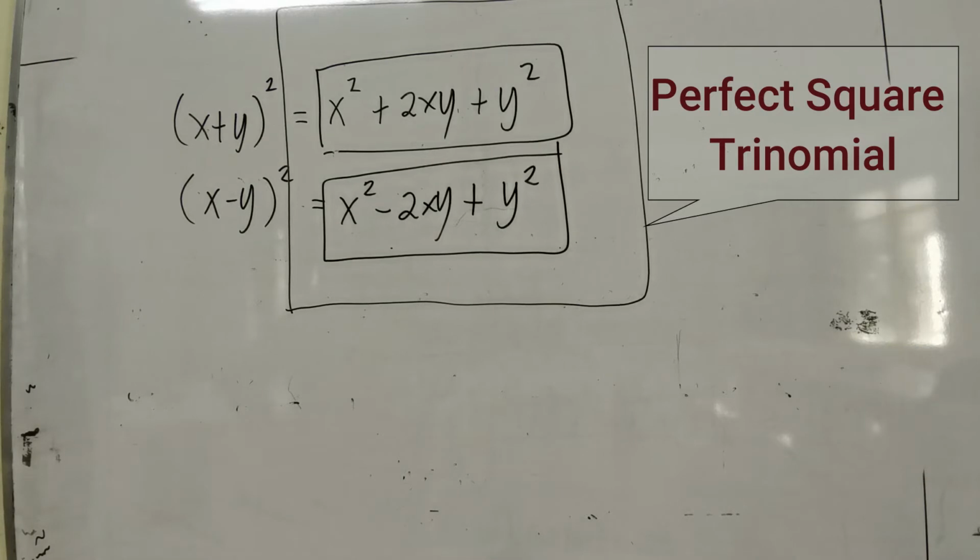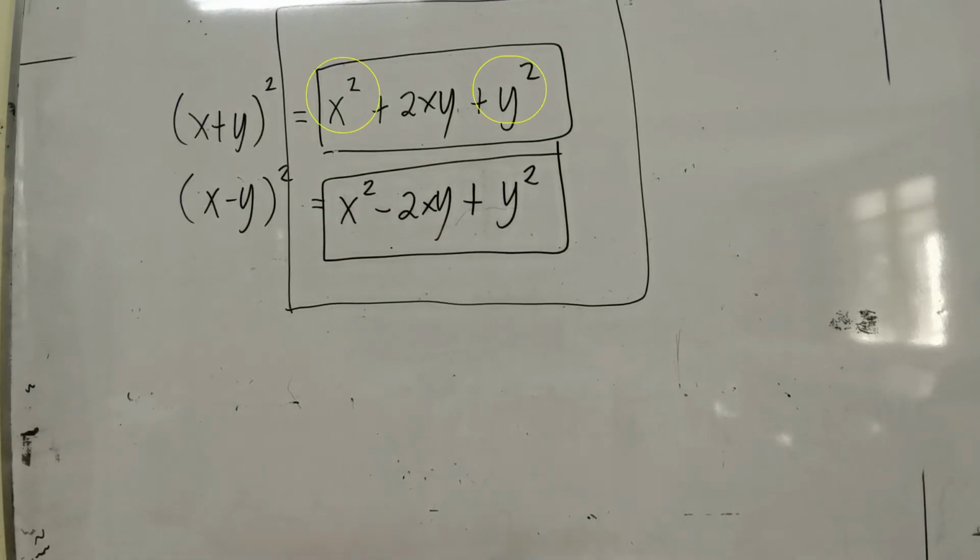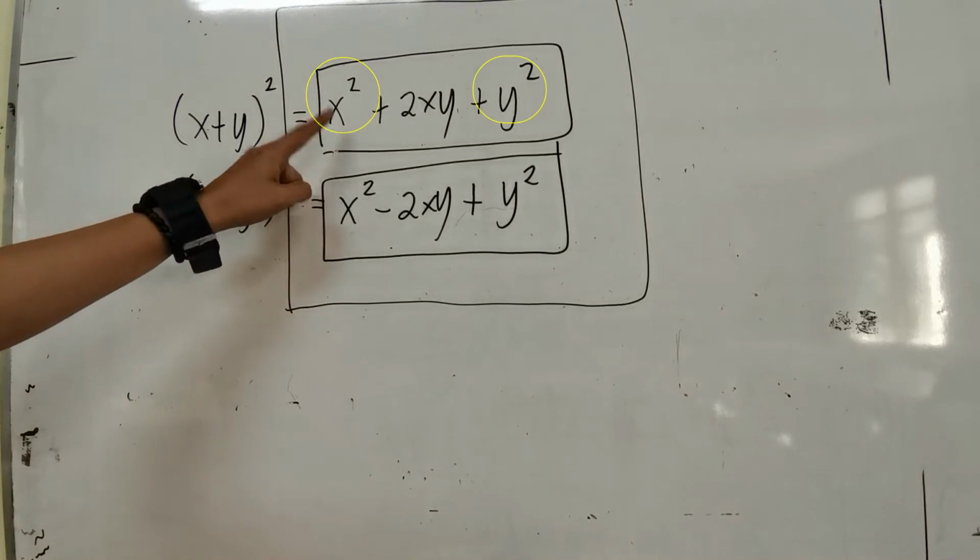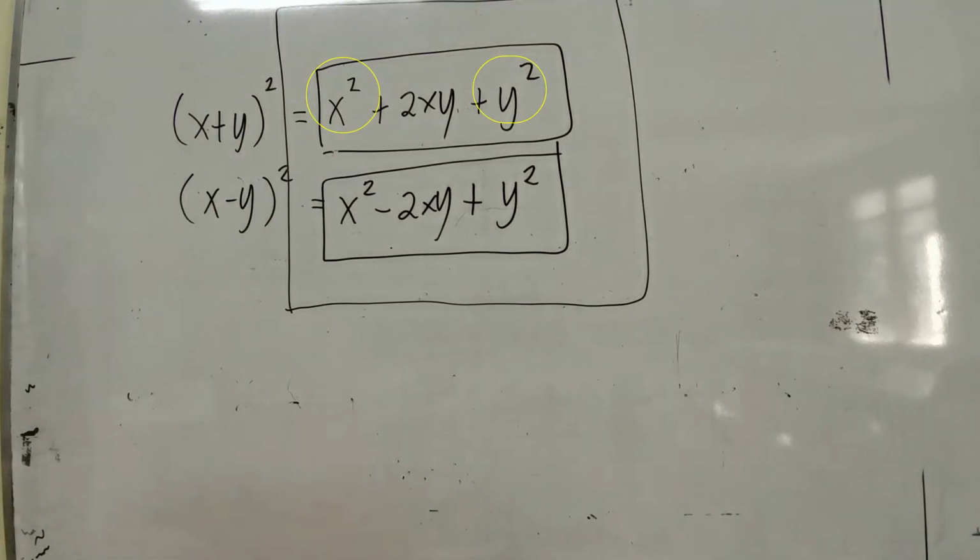Masasabi mong perfect square ang trinomial kapag, number 1, ang first term niya ay perfect square or merong square root. The same as with the last term.